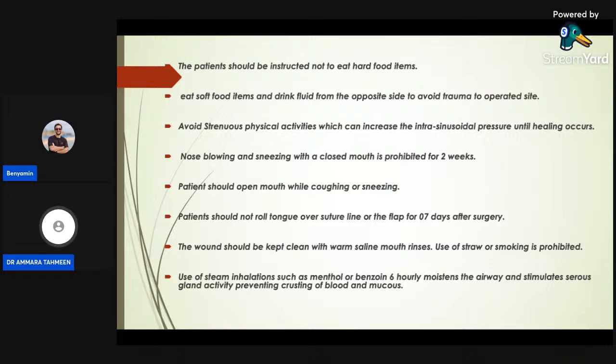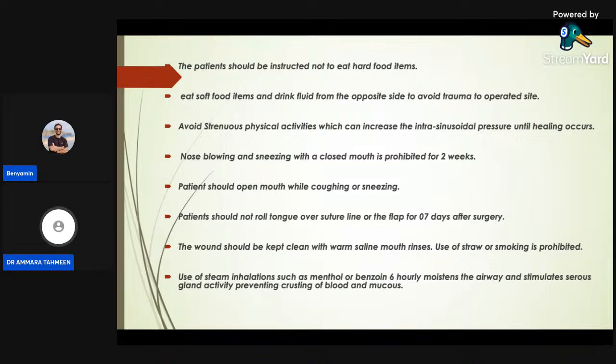The patient should be instructed strictly not to manipulate the operated site or touch it with the fingers or roll the tongue over the defect for at least 1 week after the surgery. The patient should also be strictly instructed to carry out oral hygiene procedures such as rinsing the mouth regularly with warm saline. If the patient cannot have warm saline in hand, he can take lukewarm water with 1 teaspoon of salt.